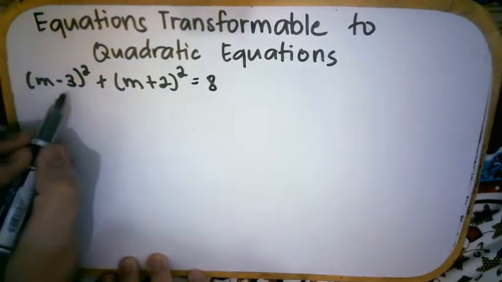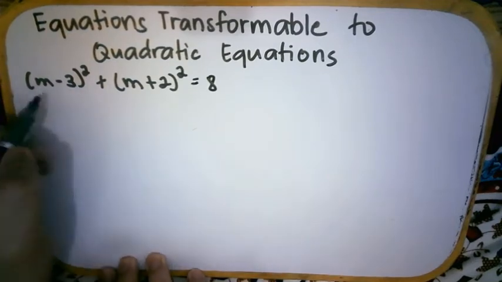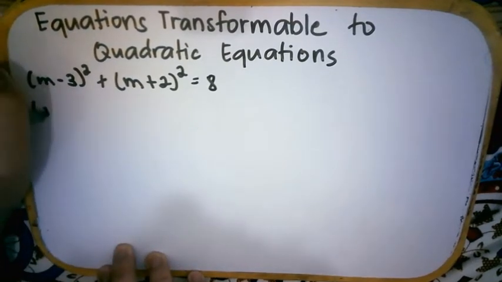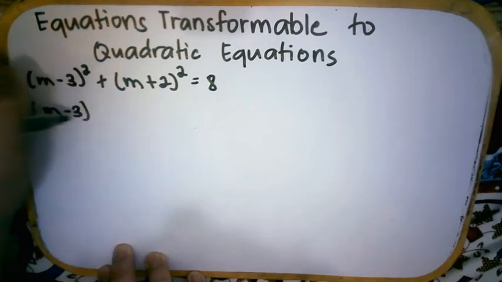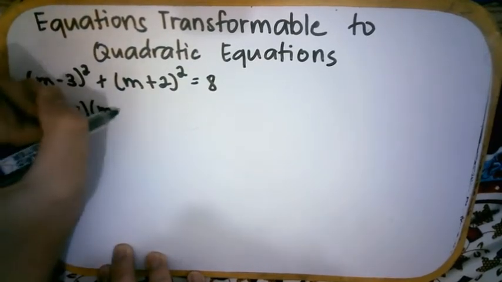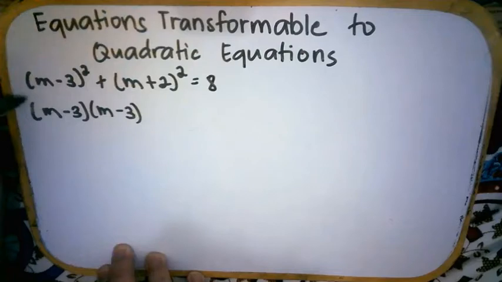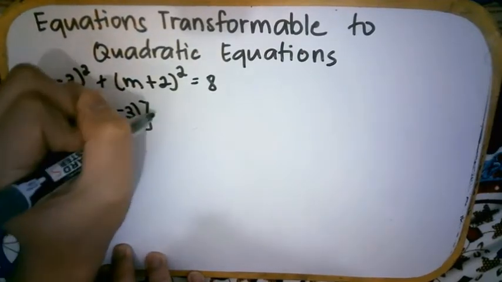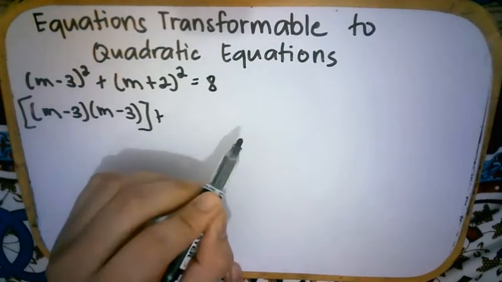So first, FOIL method, expand muna natin. We have m minus 3 times m minus 3. Lagyan natin ng bracket for groupings. Plus, expand din natin yung kabila.